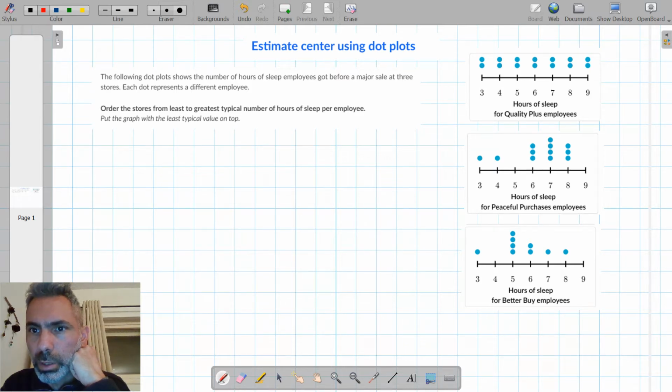So they have 1, 2, 3, 4, 5, 6, 7, 8, 9, 10, 11, 12, 13, 14 employees.